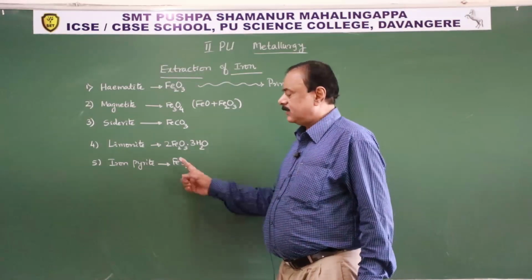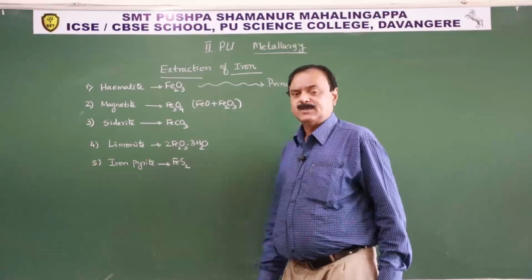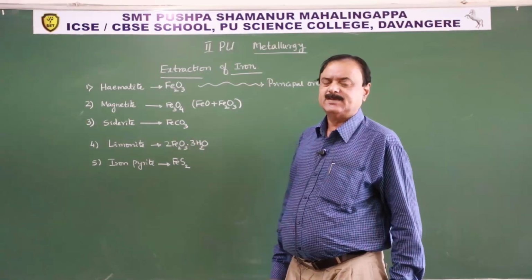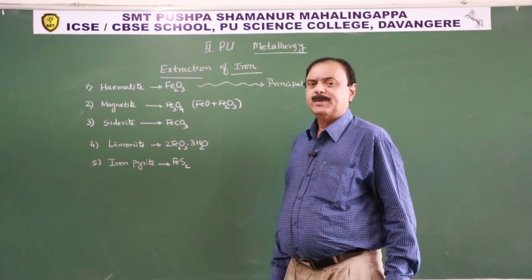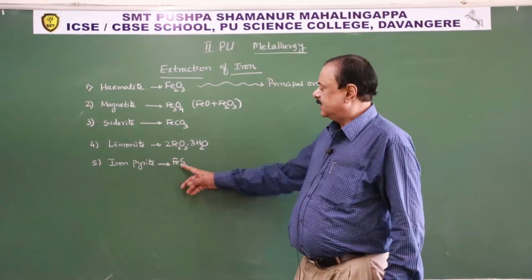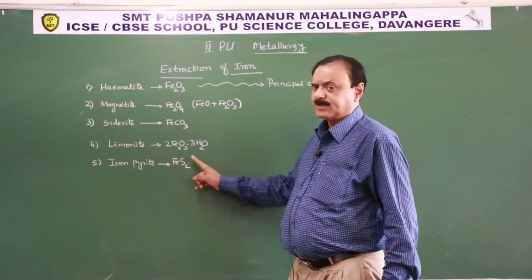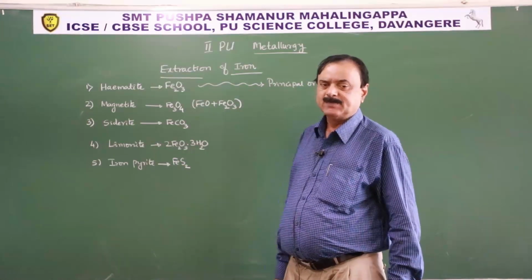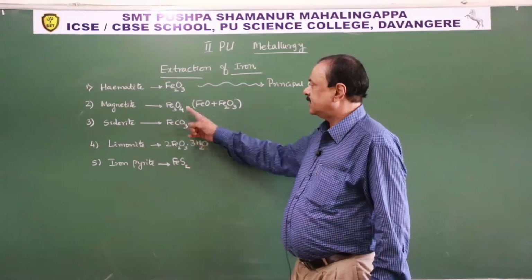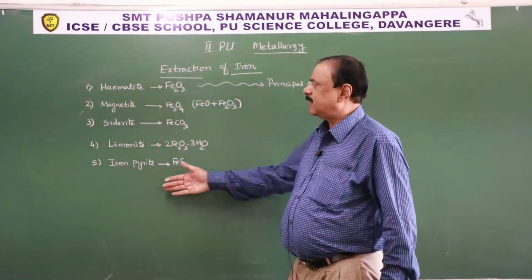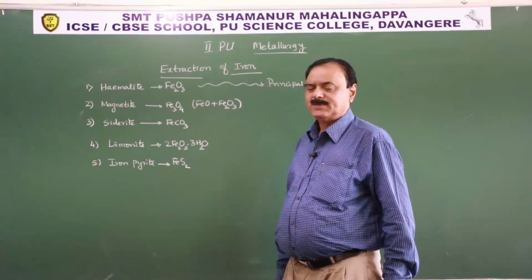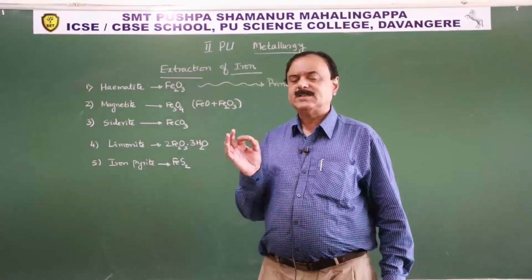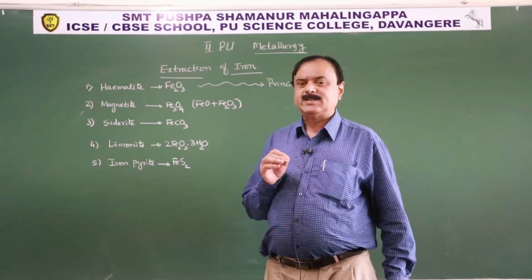Because upon oxidation or roasting, it gives sulfur dioxide. Therefore, sulfur dioxide after purification and followed by oxidation is used in the manufacture of sulfuric acid, the raw material for sulfuric acid, not in the extraction of the iron. Is it clear? These are the important minerals and ores of the iron: hematite, magnetite, siderite, limonite, iron pyrite.